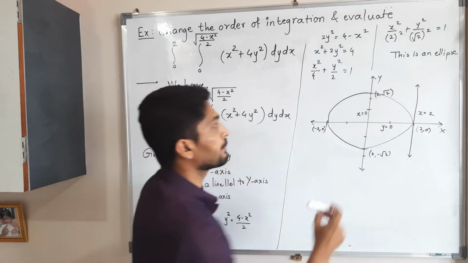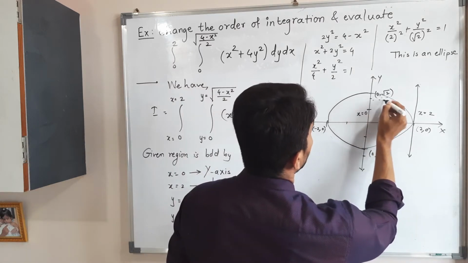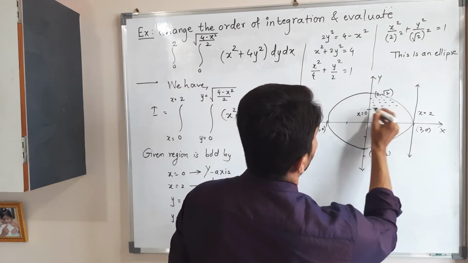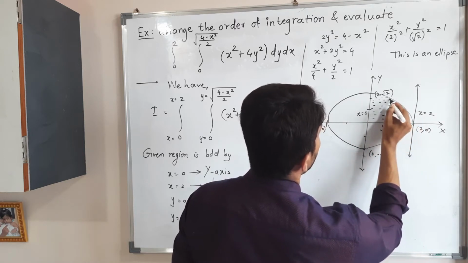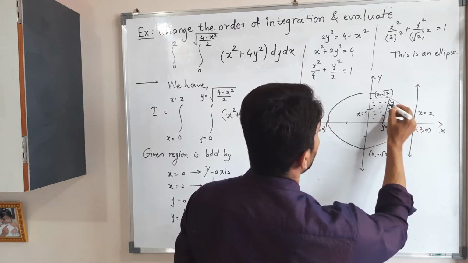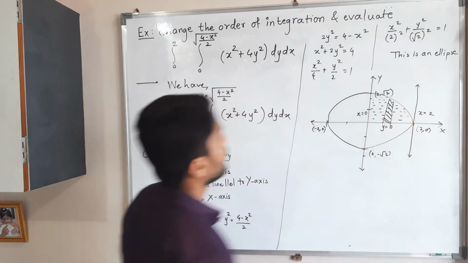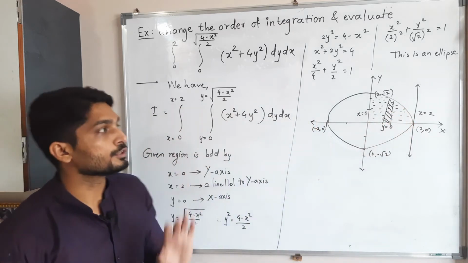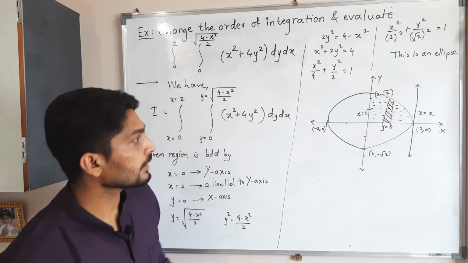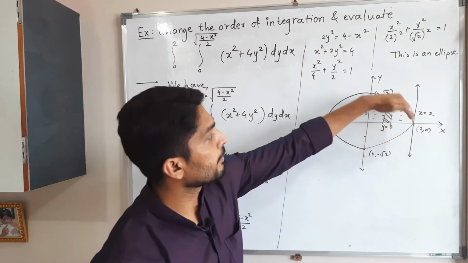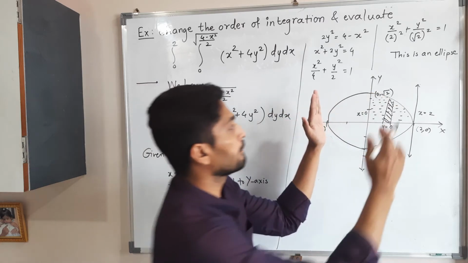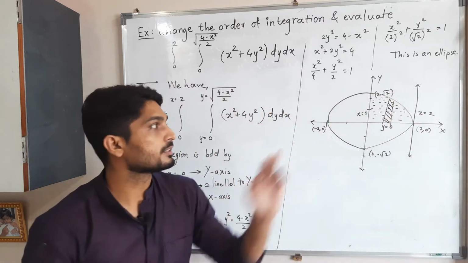So our region of integration is this one. The strip is parallel to the y-axis because the inner integration is with respect to y. So it is bounded below by the x-axis, bounded above by part of the ellipse, and lies between these two lines. So this is the given region.